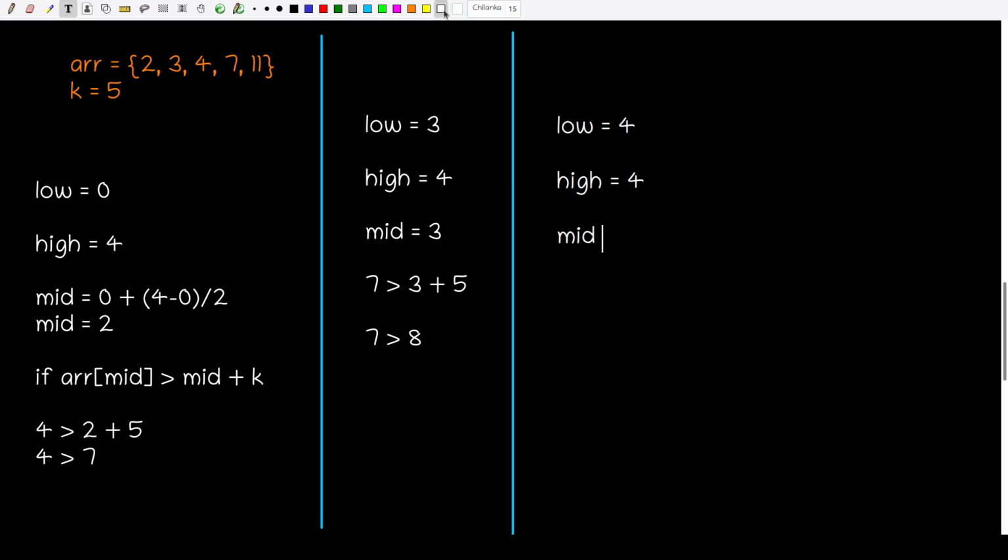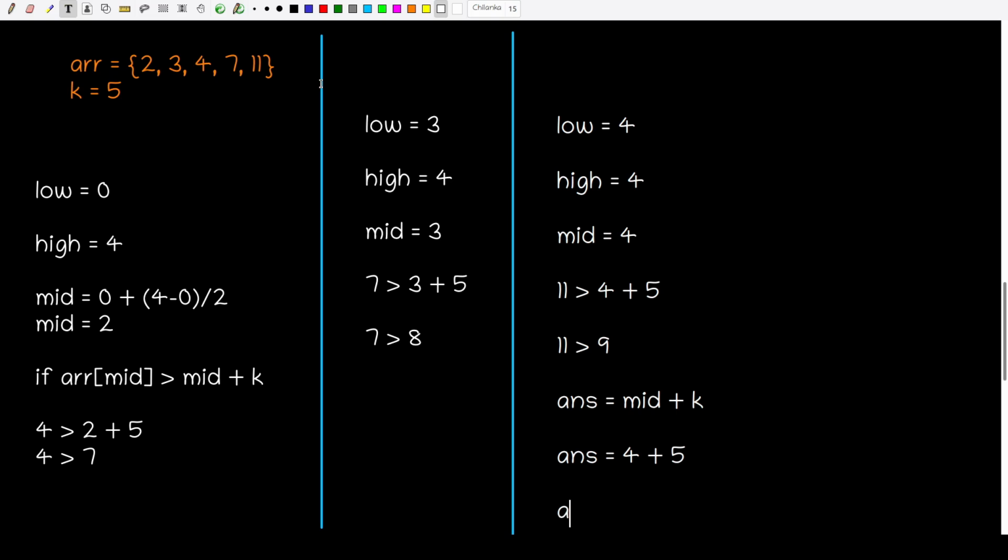In such case, mid will be equal to 4, and let us check if arr[mid], which is equal to 11, is greater than 4 plus 5. Since 11 is greater than 9, we are going to set our answer to mid plus k. So answer will be equal to mid, which is 4, plus k, which is 5.